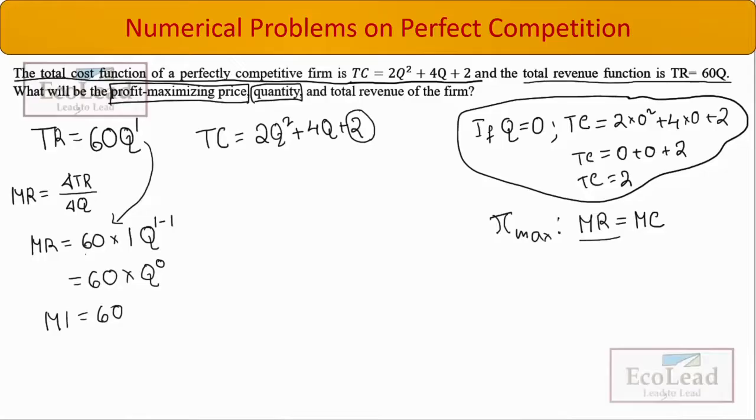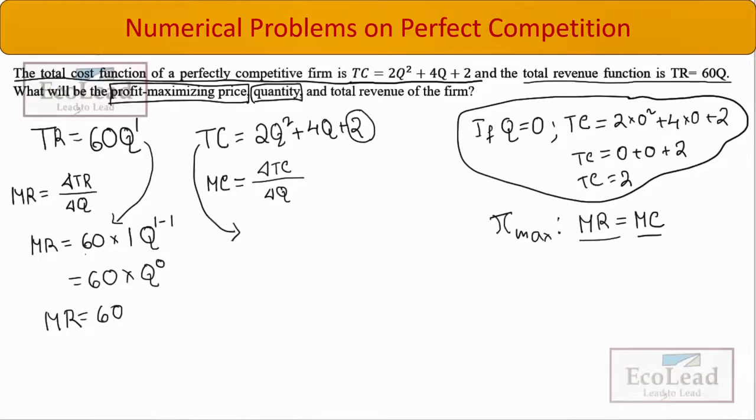MR equal to 60. Now we need to find out the value of the MC. To find out value of the MC, we need to first write the formula for MC. MC is nothing but the change in total cost due to the change in the output, or the first derivative of the total cost.